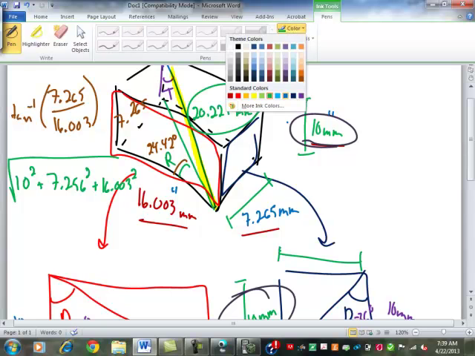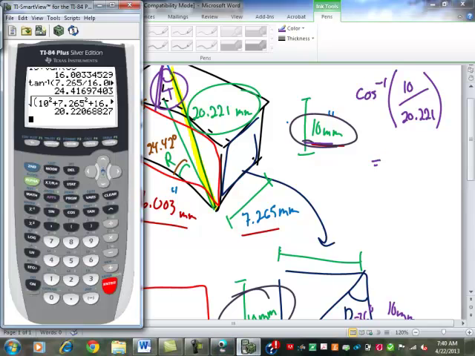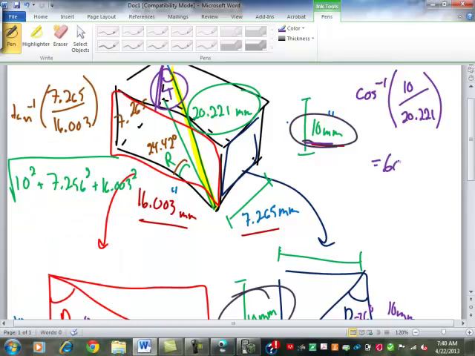And now we can find the tilt here, this angle of tilt, because that angle of tilt is going to be the inverse cosine of the height, which is the 10, over that length of cut, 20.221. Gives us 60.36 degrees. So that's our angle of tilt right there.